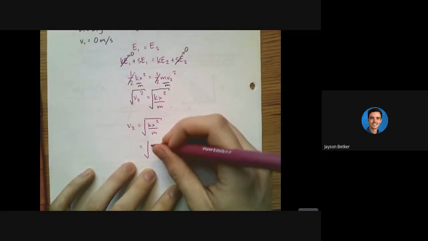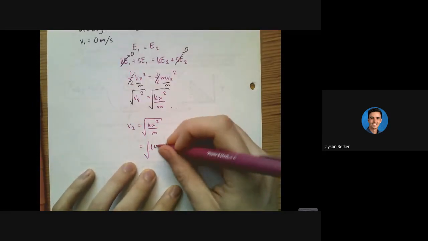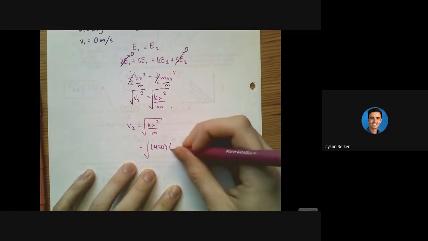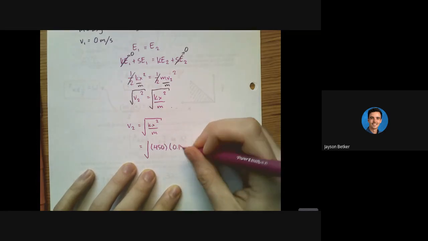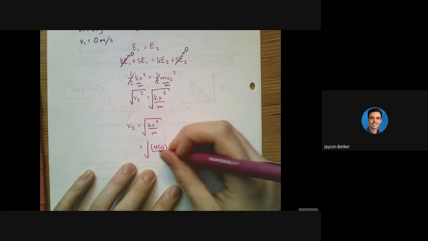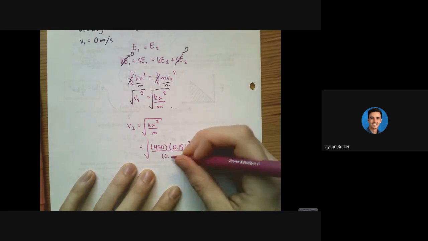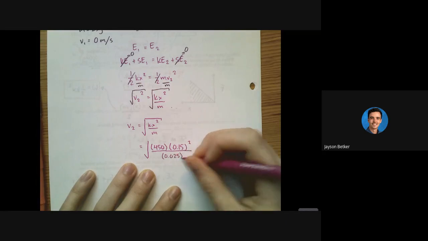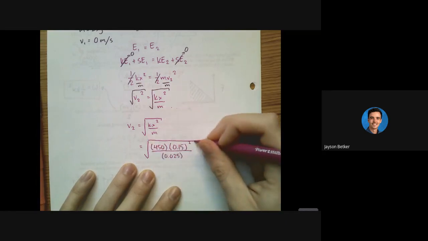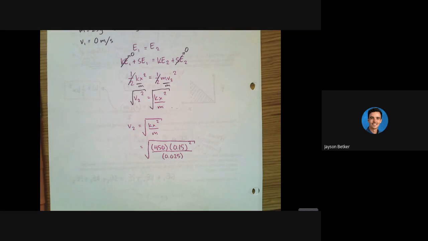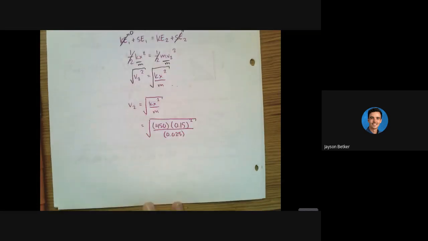Put in our values. Our value of k was 450. Our value of x was 0.15, squared, divided by m, which was our mass, which was 0.025 kilograms. So there you go. Plug that into your calculator.